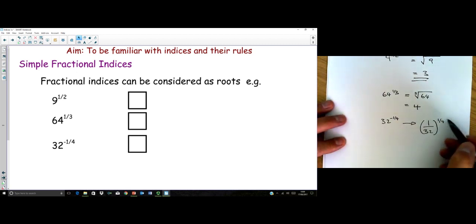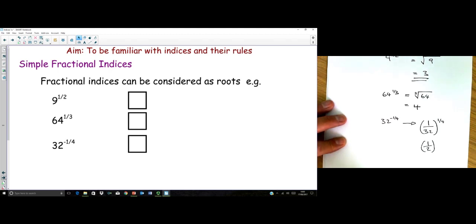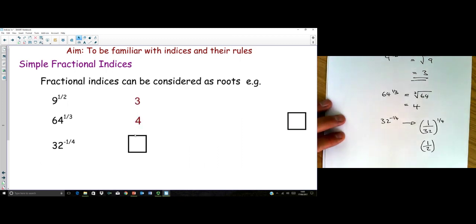Now, when we're doing to a quarter, we can do top and bottom, the root to the fourth, top and bottom. Now, the root to the fourth of 1 is just 1. Root to the power 4 of 32 is, in fact, 2. So that would be 1 over 2. We can have a look and make sure that I have got those right.